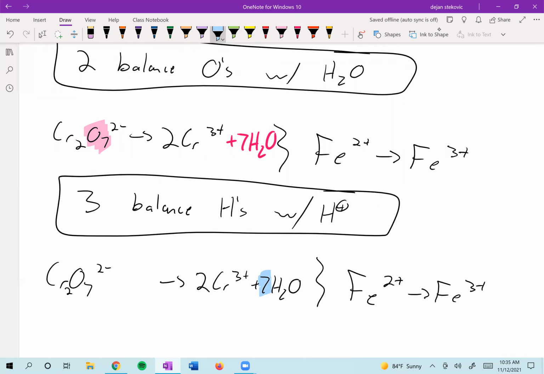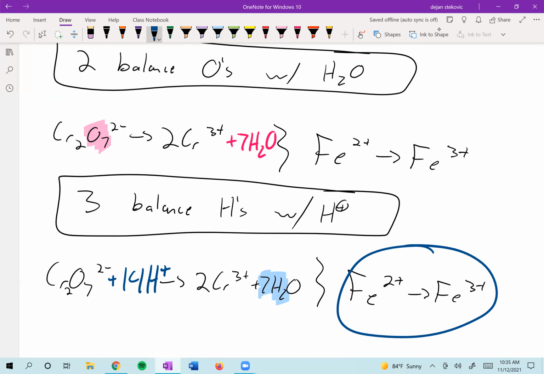So over here, we notice that we have seven waters, which each have 2 hydrogens. So that's 14 hydrogens. So we have to put 14 H pluses on the left side. Over here, we have no hydrogen, so we don't have to worry about balancing that.